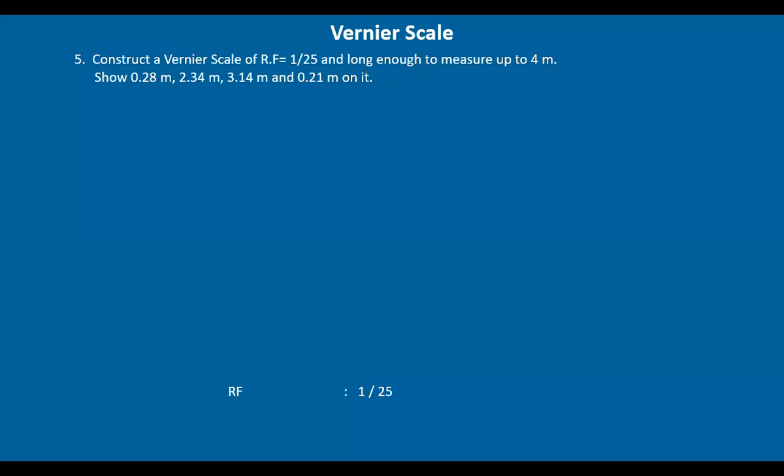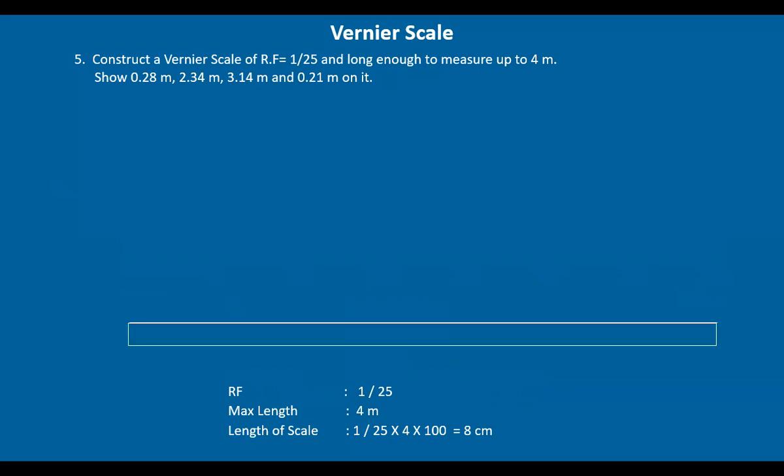And also another example also, you can see, construct a Vernier scale of RF given 4 meters, calculate length of the scale, and here divide it into 4 parts, meters, and here divide it into 10 equal parts. We get 0.1 meter like this, and extend this by 1 unit, that is 1.1 meter, divide it into 10 parts.